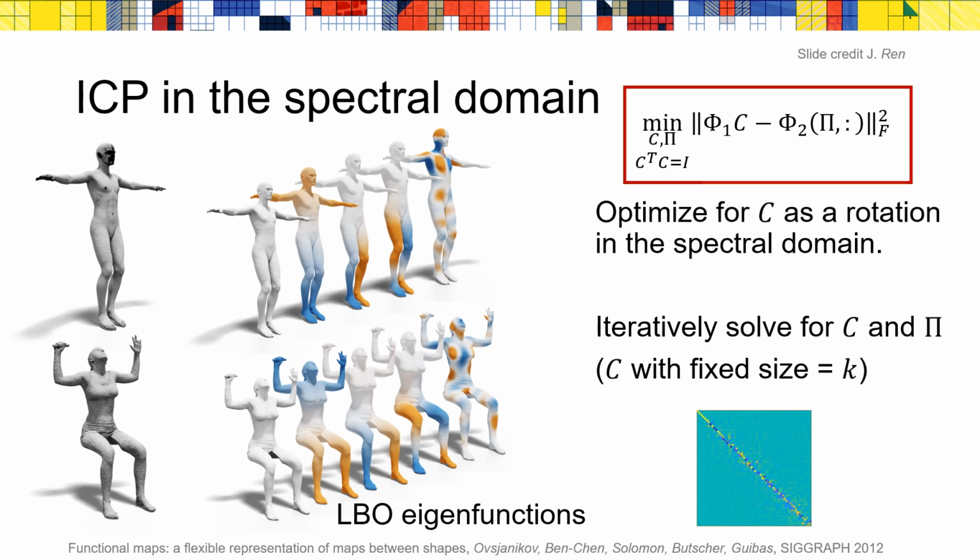The ICP method is an iterative method, and in the map refinement technique proposed in the original functional map paper, the ICP in the spectral domain is applied iteratively, solving for C and for pi. And this is done with a fixed size for the matrix C.